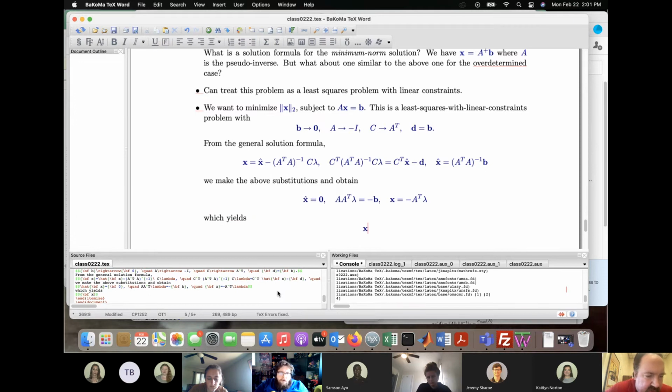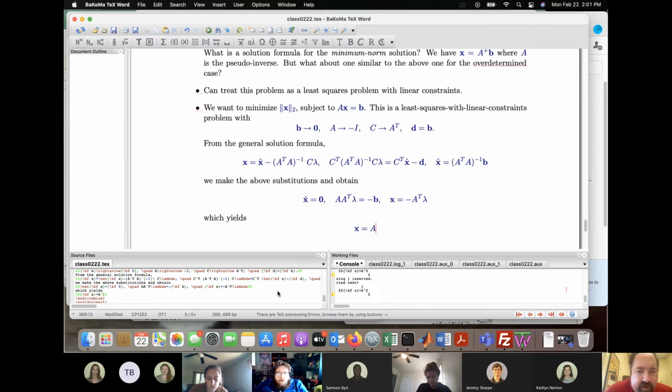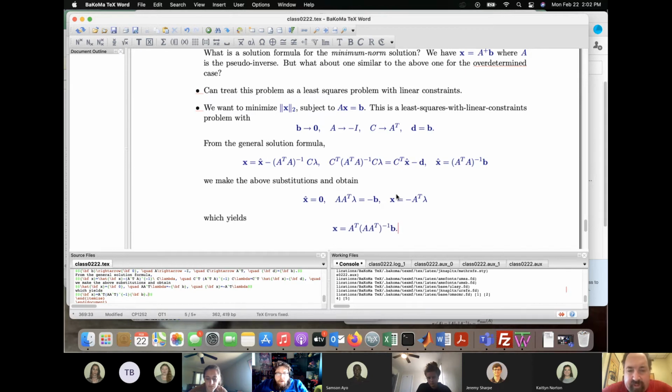I get x is equal to A transpose, A A transpose inverse B. If I were to multiply both sides on the left by A, I'd have Ax, and then A A transpose, then A A transpose inverse, they cancel out, and you get B. So this does satisfy Ax equals B, and based on this it is meant to minimize this norm. This is a minimum norm least squares solution.